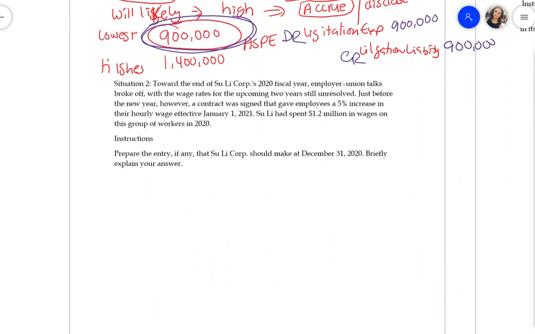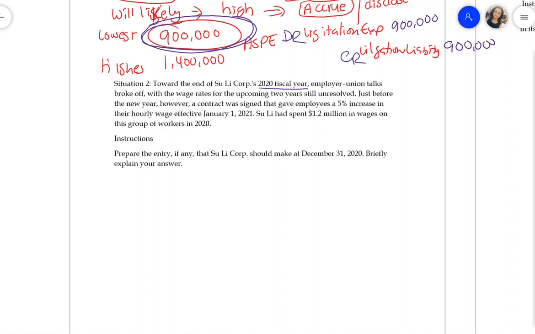Now, situation two: towards the end of Sui Lai Corporation's 2020 fiscal year, the employer-union talks broke off. This means the company has a union, and the union talks broke off, so the union decided that their employees will go on strike.